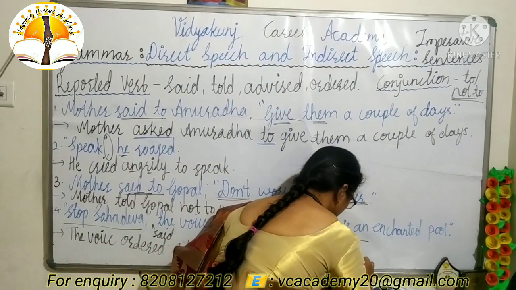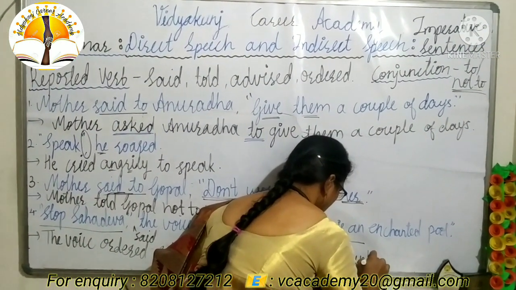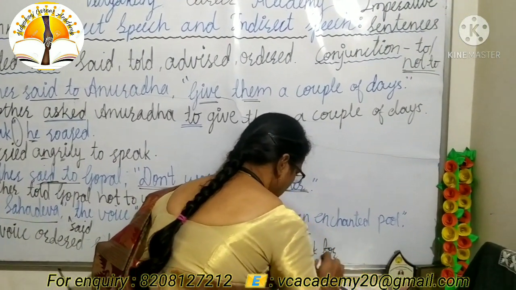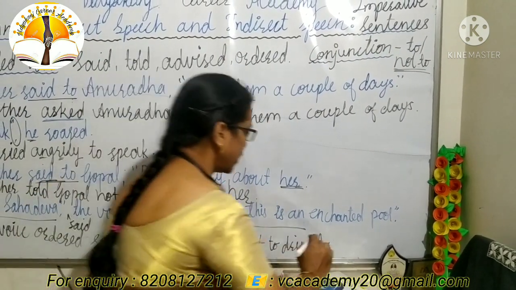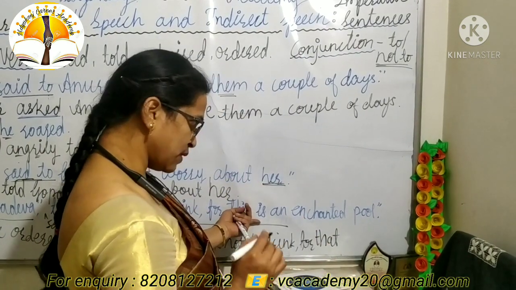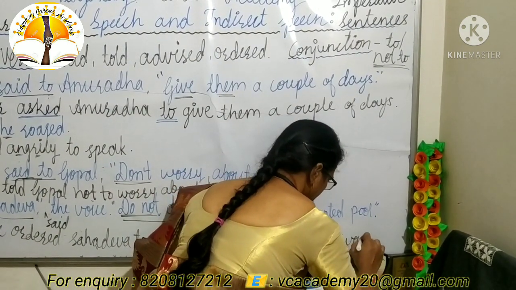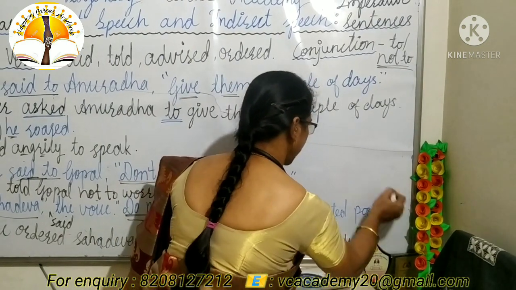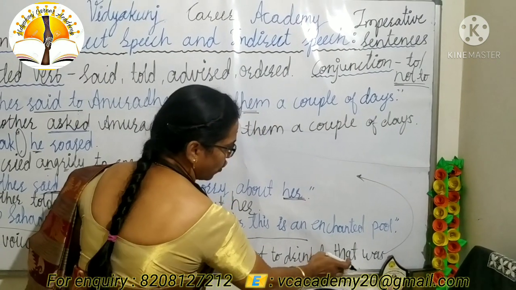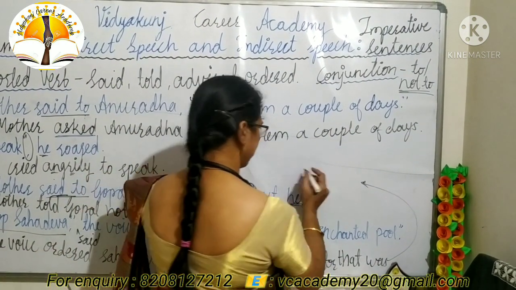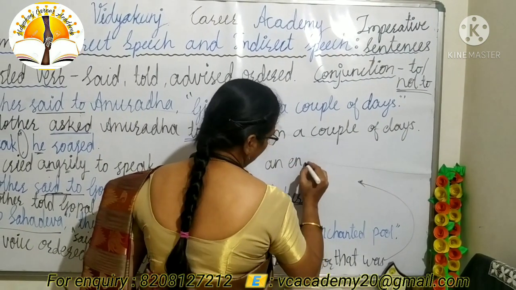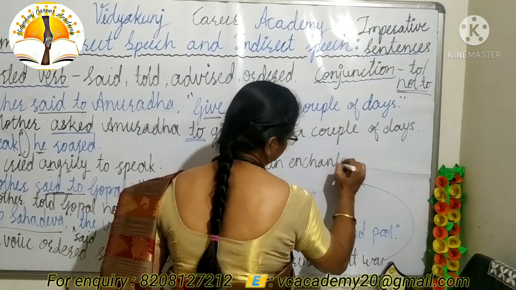Not to drink, for this. Here this becomes that. For that. And here is becomes was. Do not drink, for that was an enchanted pool. The remaining sentence I have to write as it is.